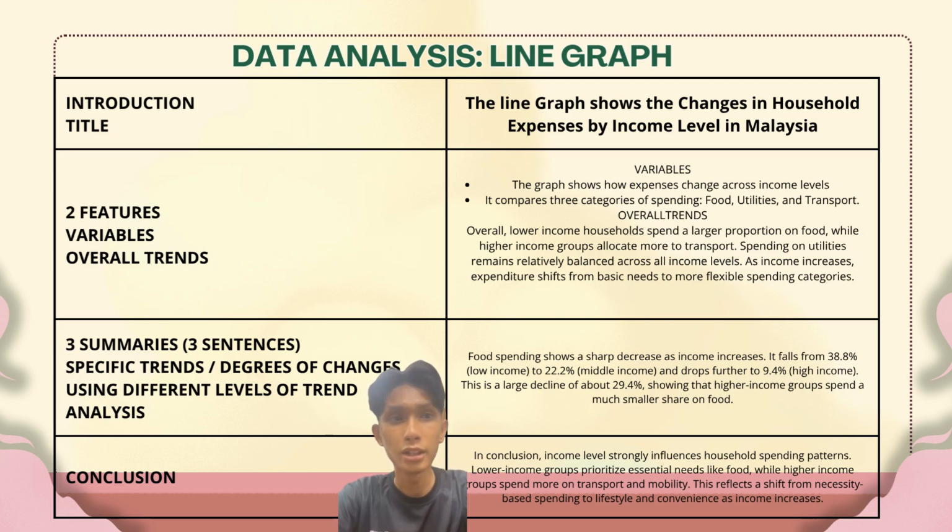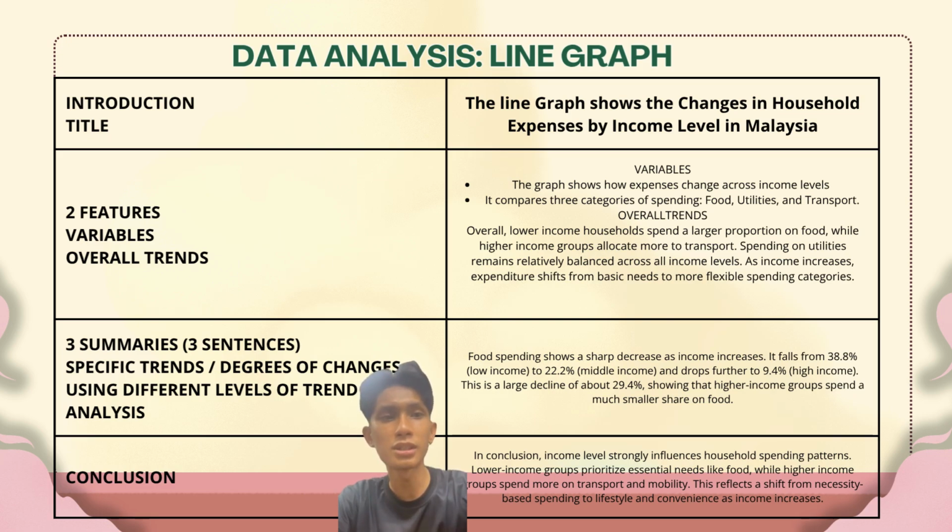First, let's look at the main variable. This graph shows spending by income level. Food spending drops from 38.8% to 22.2% and 9.4%. Utilities decreased slightly from 27.5% to 22.7% and 80.7%.